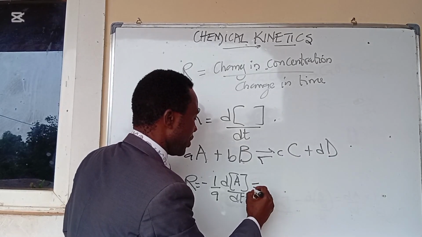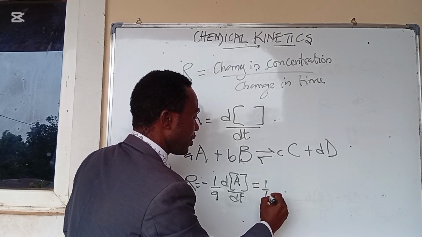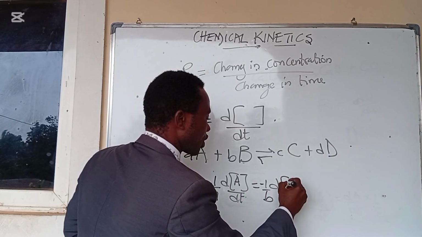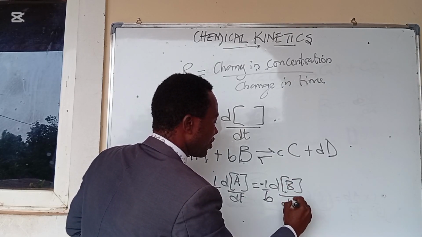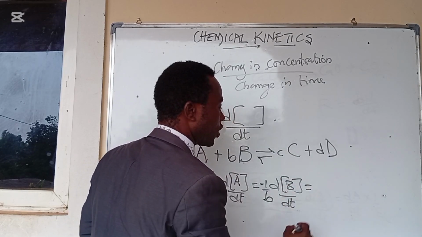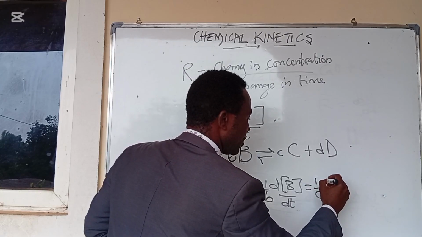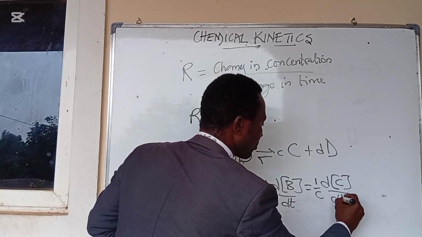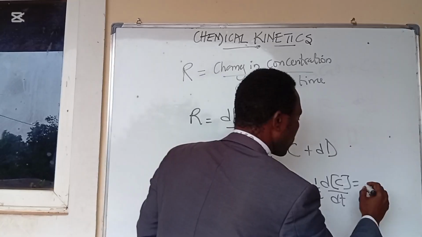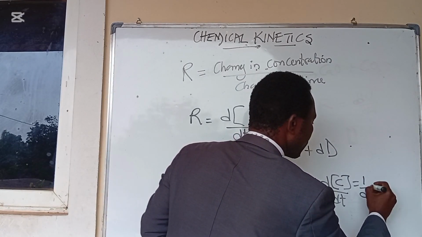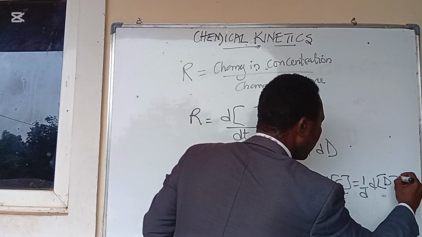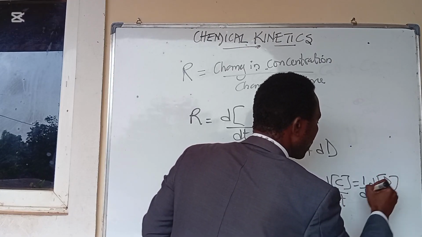Then this will be equal to minus 1 over b, change in concentration of B over change in time, which is also equal to 1 over c, change in concentration of C divided by change in time. And that will be equal to 1 over d, change in concentration of D divided by change in time.